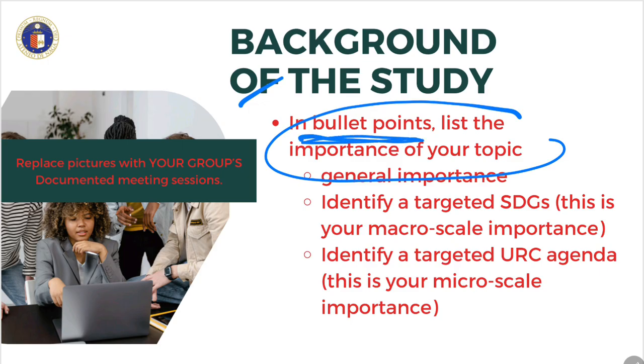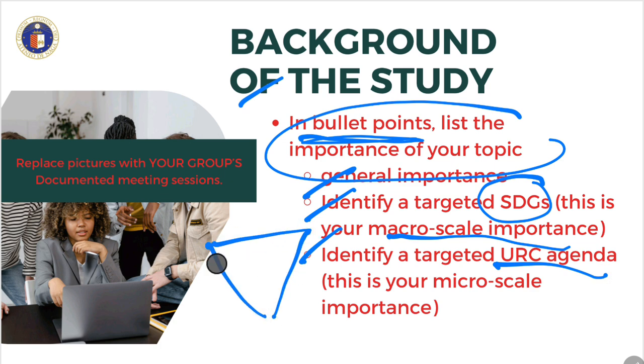In this particular section, focus on the general importance, the targeted SDG, which serves as your macro scale importance, and then your identified URC agenda for your micro scale importance. So notice that this would observe the inverted funnel for narrowing down your topic, okay?